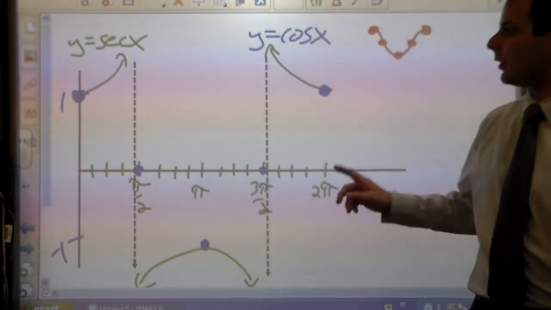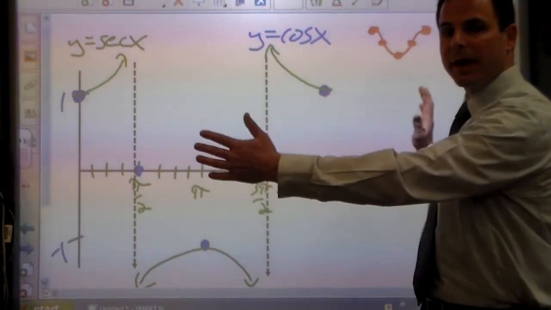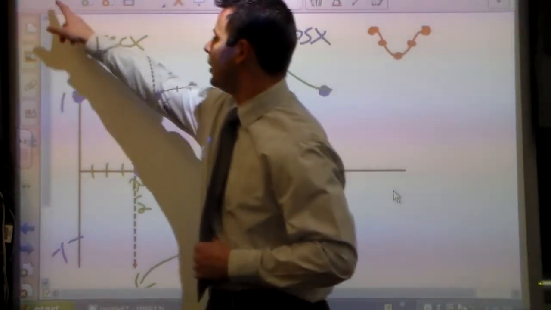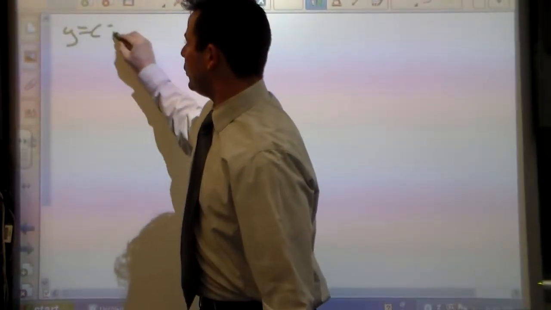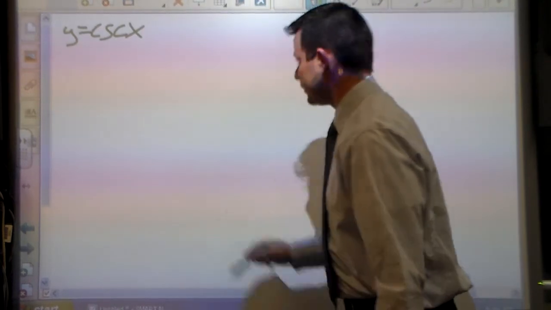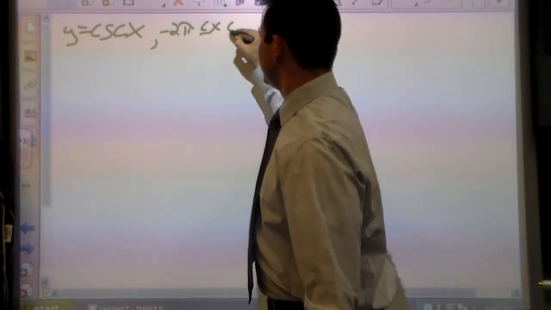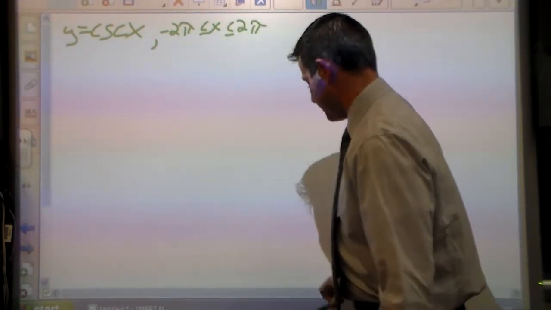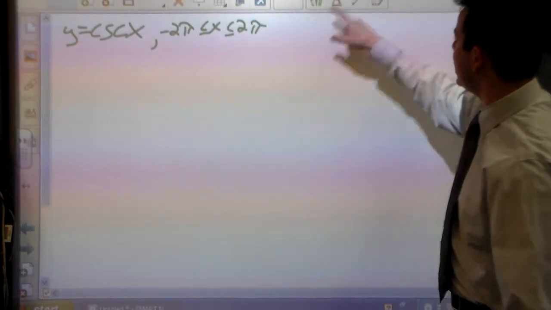Okay? Now let's graph cosecant the same way, but we're going to graph from -2 pi to 2 pi. So let's graph y equals cosecant x from -2 pi to 2 pi. Again, I'm going to graph sine first. That'll help me with the graph of cosecant.